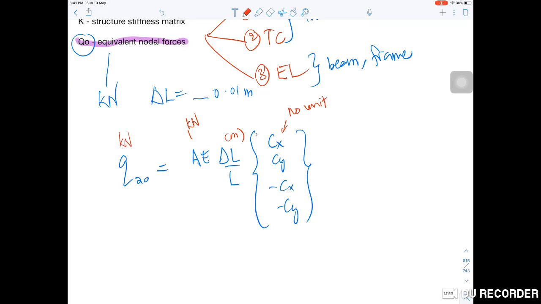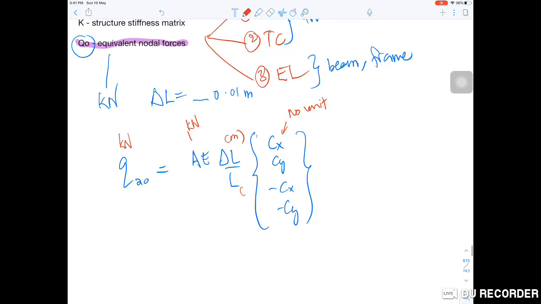If delta L is in meter, we have to divide by the length for that particular member.